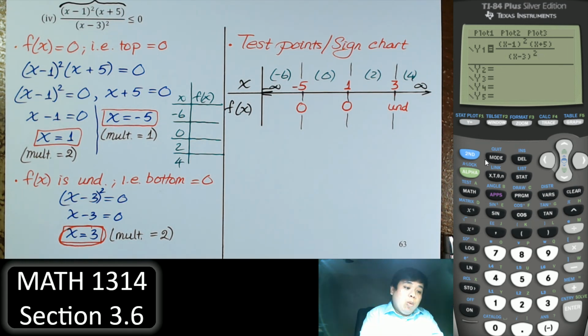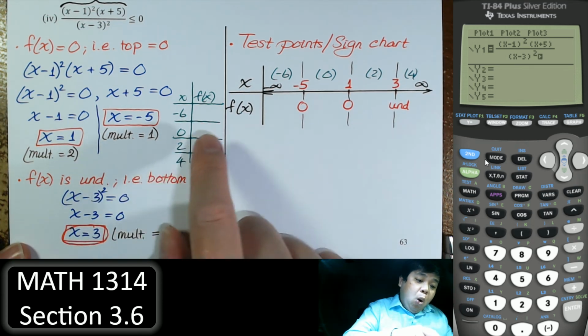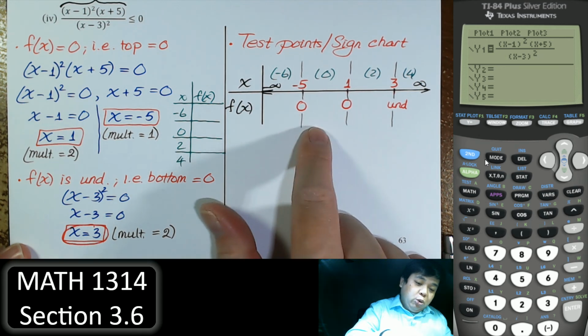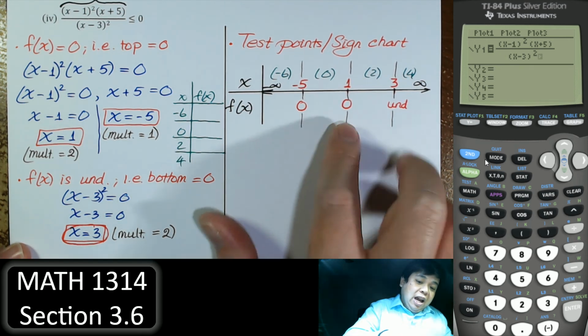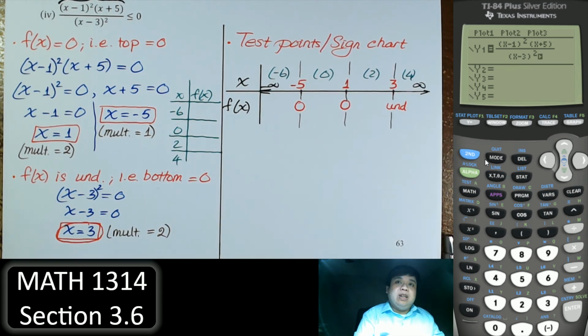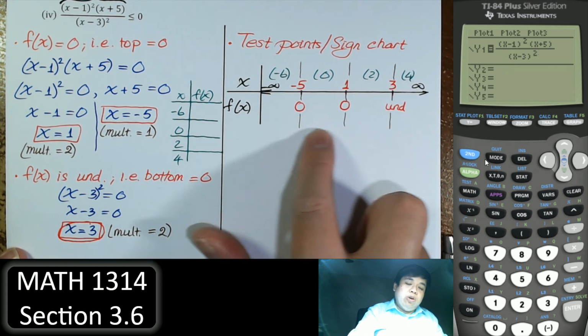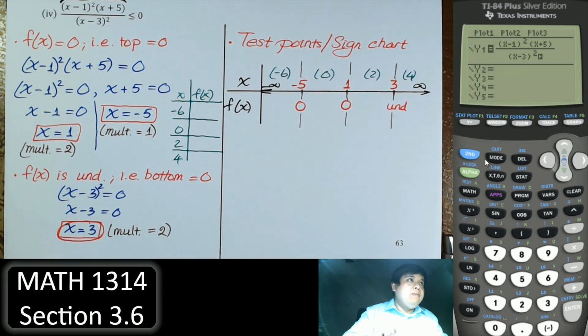And also what we expect is that only negative 5 has odd multiplicity, so the sign will change here. Everything else is going to be the same, because with even multiplicity, the sign will not change anywhere here.